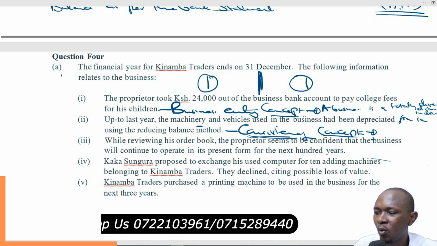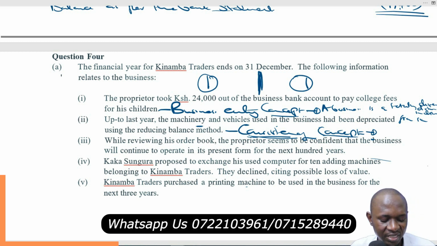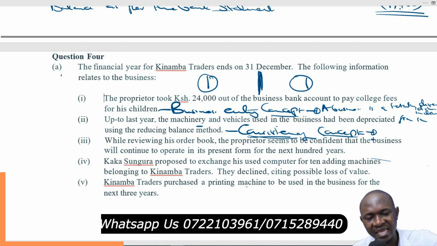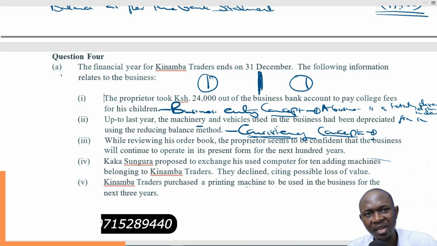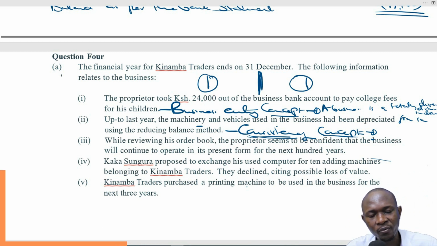That the way we are going to handle our business records this year should be the same next year, the other year. It brings in some element of consistency in our record keeping. So we should maintain a uniform way of dealing with that transaction. We should not keep on changing.